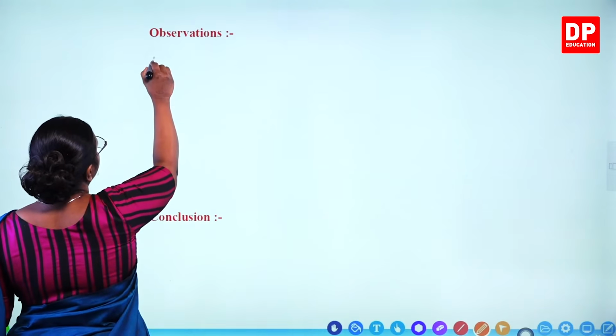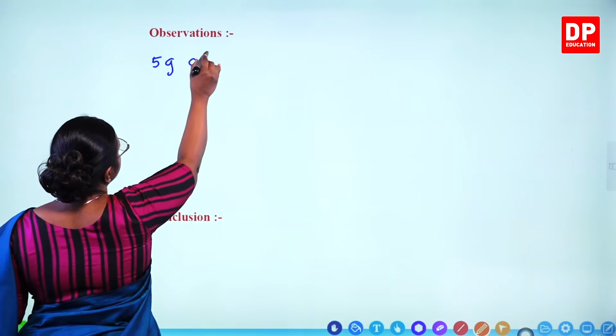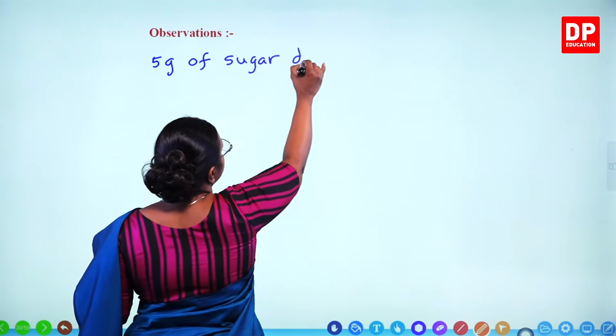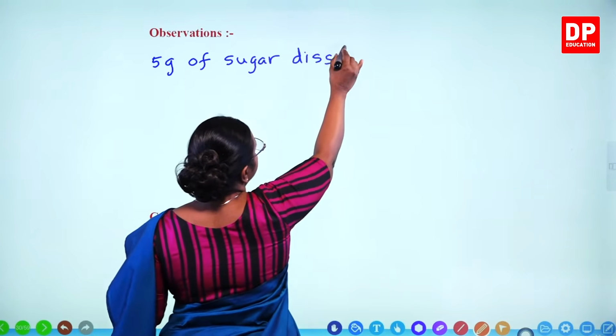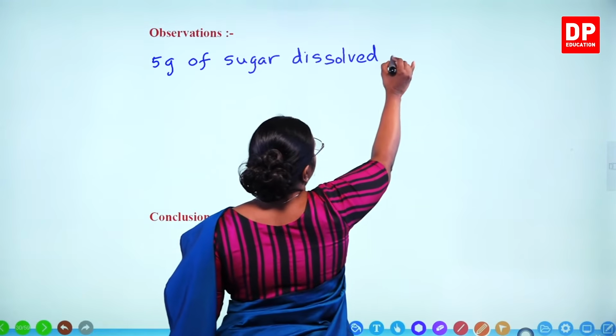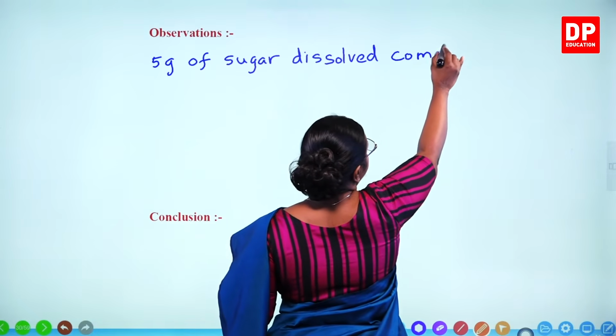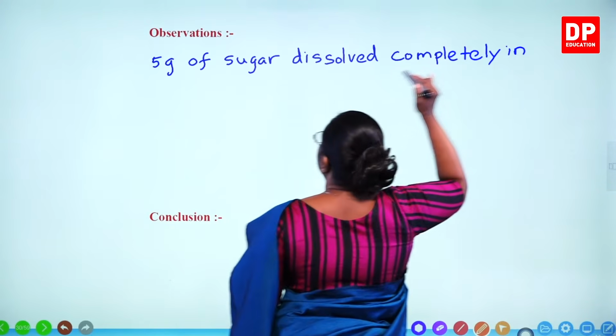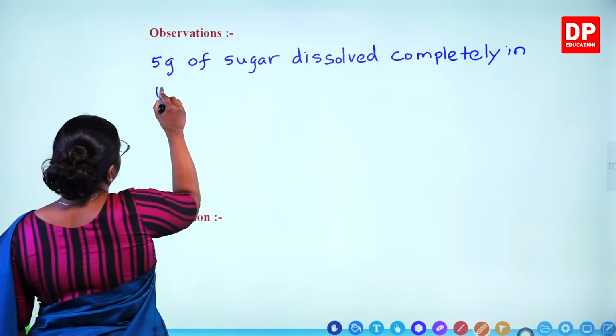Observation: 5 grams of sugar dissolved completely in water.